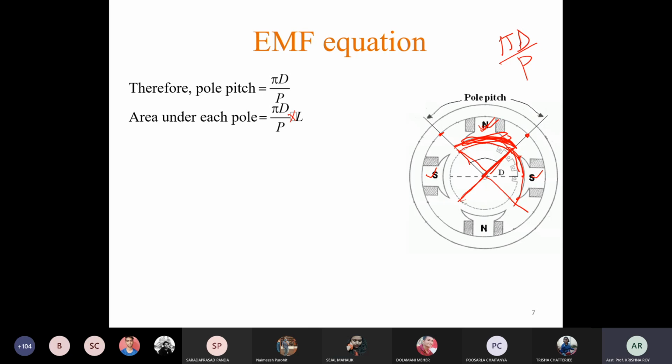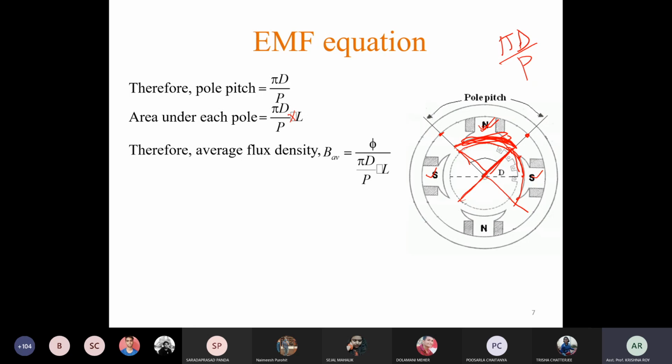Now we have assumed that flux per pole is phi, so we can calculate the average flux density by dividing that flux by this pole area.